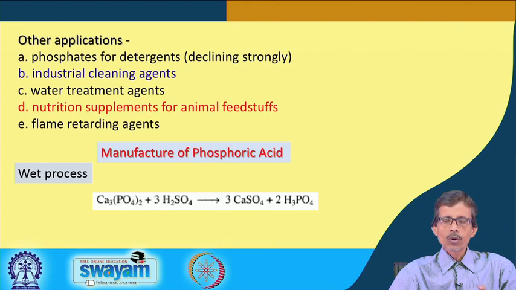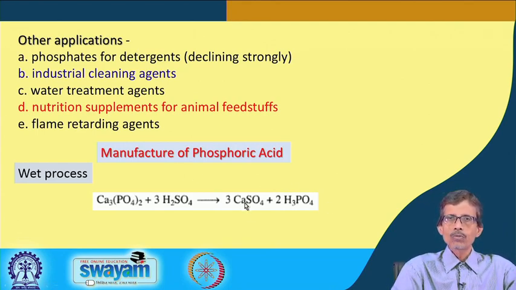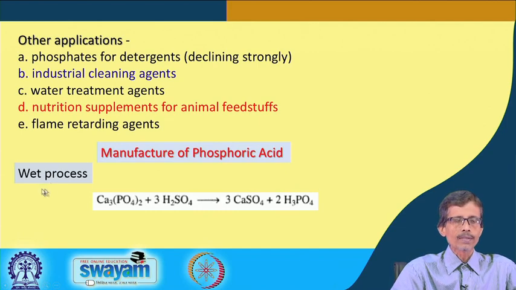Leaving behind in your hand is only the calcium sulfate. So, calcium sulfate will be precipitated out, and in the liquid form what we get is phosphoric acid. That is why it is known as the wet chemical process.